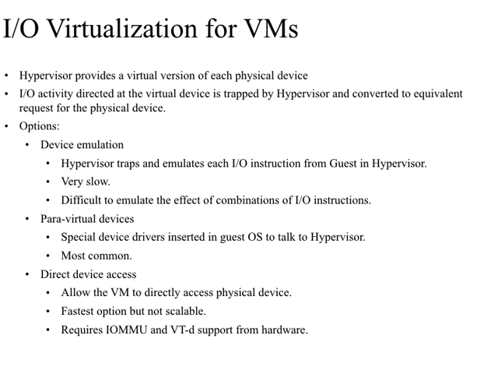In such cases, the hypervisor can configure special hardware to permit each VM to talk to its physical device directly. This mode is called direct device access, and this is the fastest option to perform IO operations. Here you're not virtualizing the IO device, rather you're providing direct access to the physical device, but it needs special hardware such as IOMMU and certain hardware extensions such as VT-d technology.